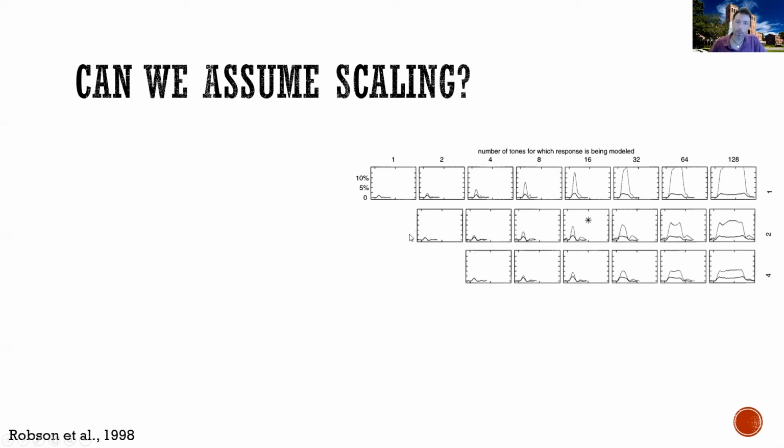And then you can take the response to 2 and multiply it by 8 times and see if it matches the response to 16 stimuli, which is here. And you can see the trend still is that, yes, the system scales, but our prediction keeps failing. Our prediction keeps overestimating just how much response we get from the actual stimulation.